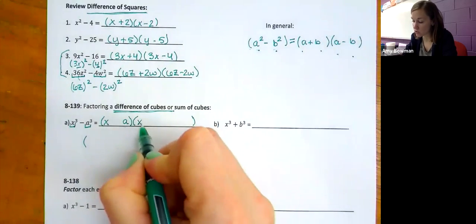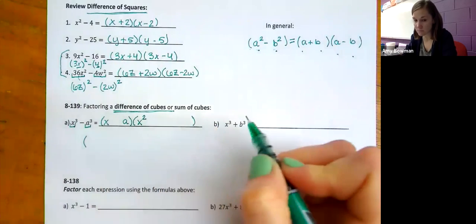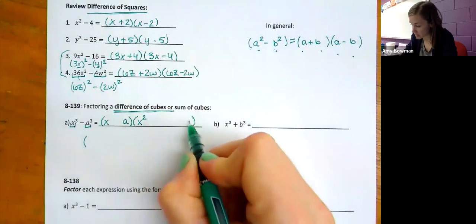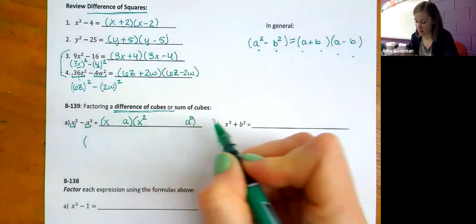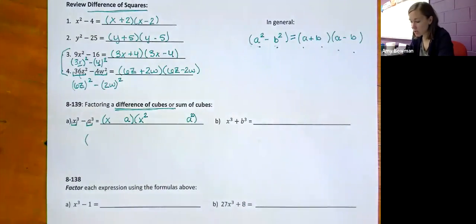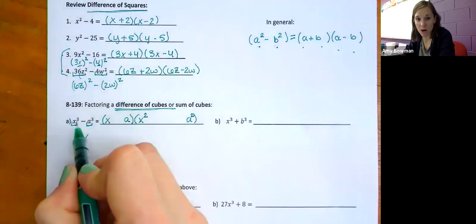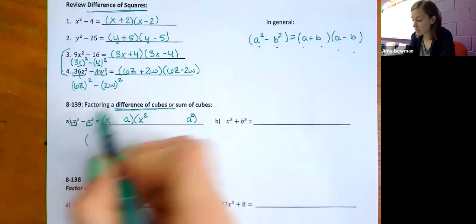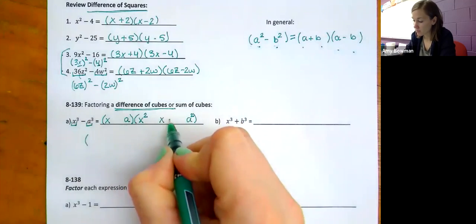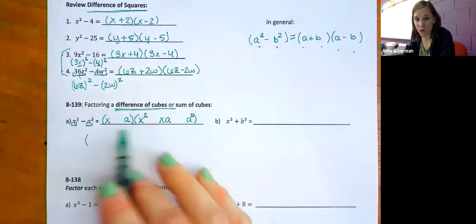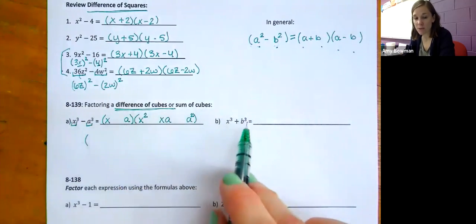So the first term of the trinomial is x squared, and the last term is a squared. Then in the middle, the middle term of the trinomial is the product of x times a.